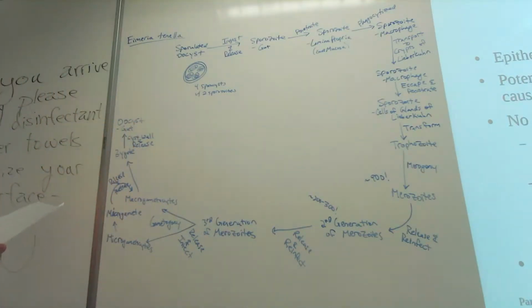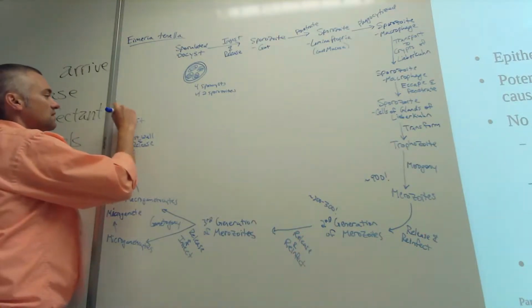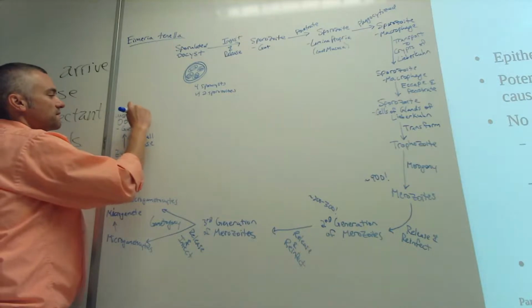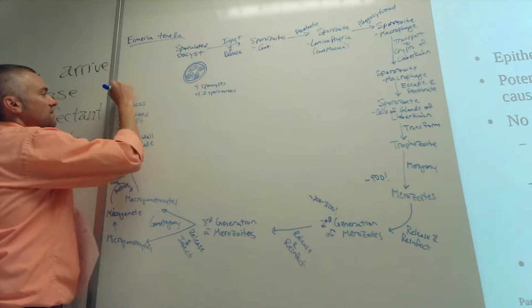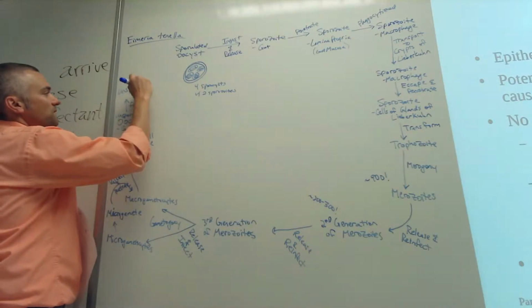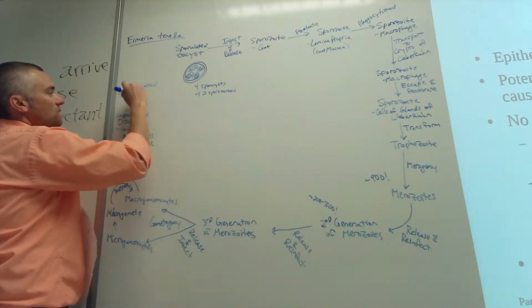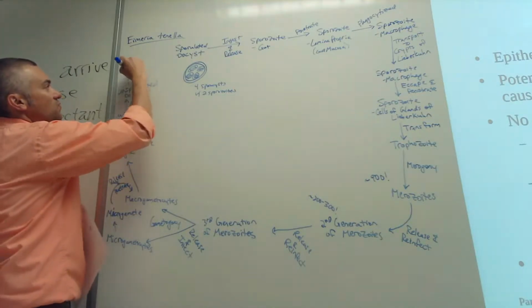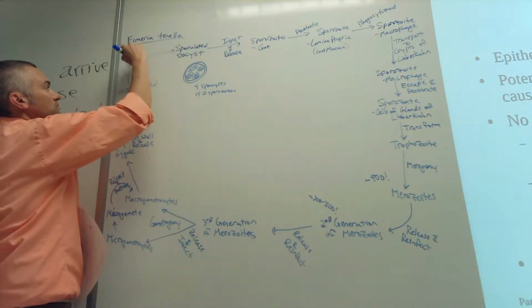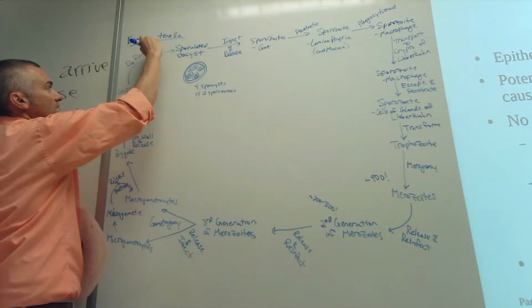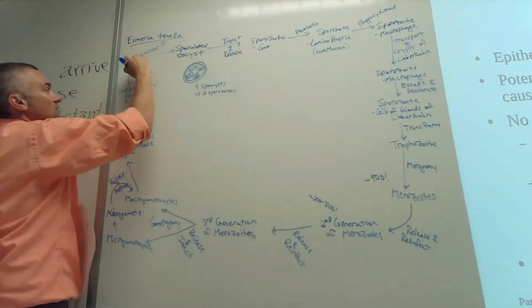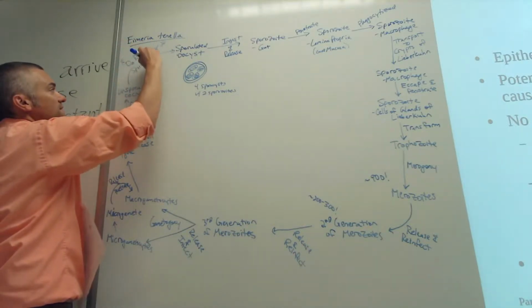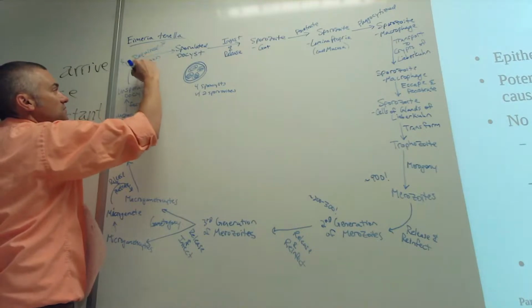All right, and this is considered an unsporulated oocyst. It's this unsporulated oocyst that gets released in the feces. And then once we get out and it encounters oxygen, then we undergo sporulation and sporogamy.